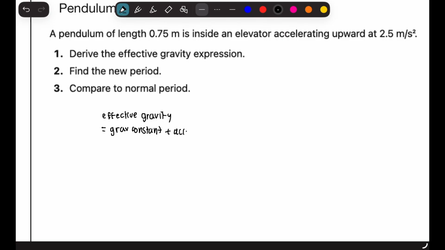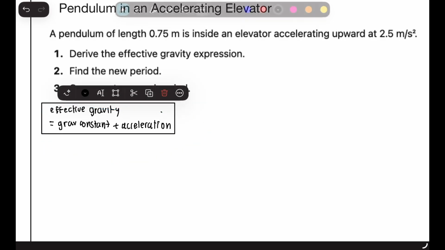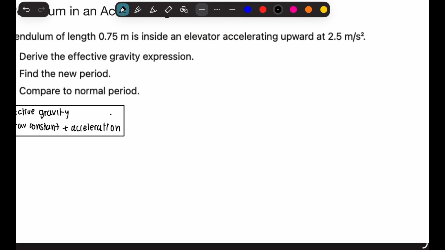You have to consider acceleration as well when you're considering effective gravity, because this is the effect of gravity with something else. So here we have our upward acceleration.